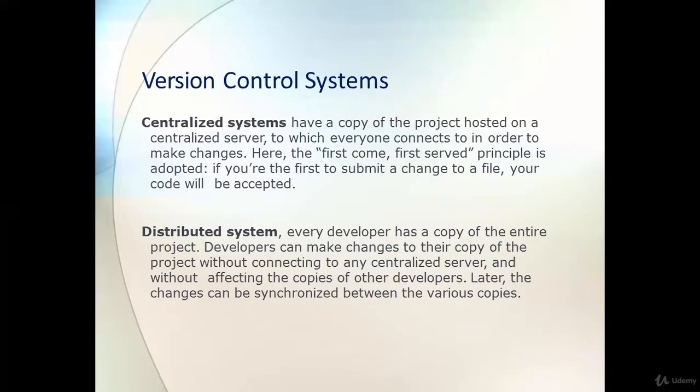Primarily, developers use the version control system to keep track of the code. Version control systems help us in all phases of product build lifecycle. In development, we write the code and host that code on the version control system.